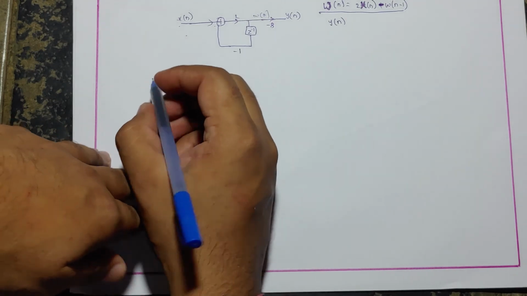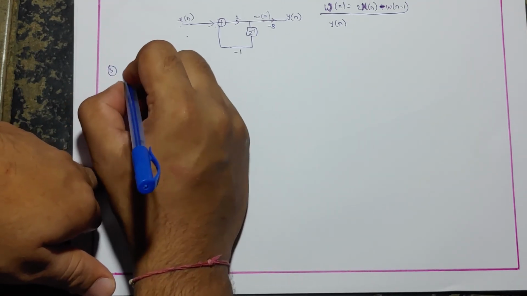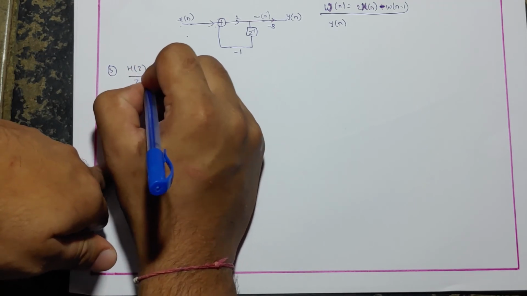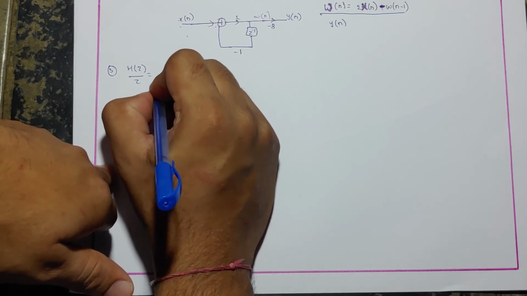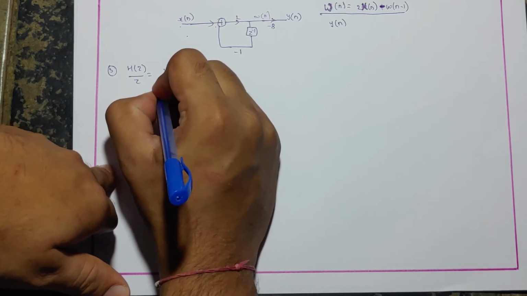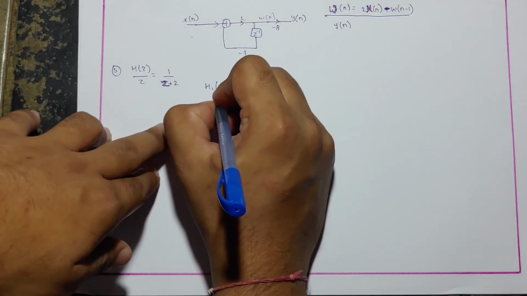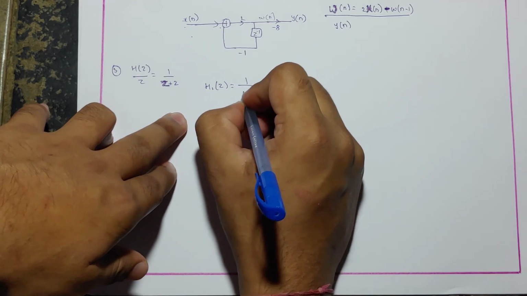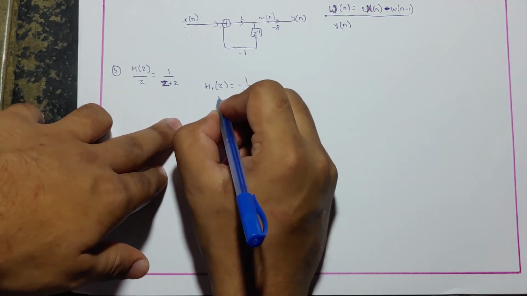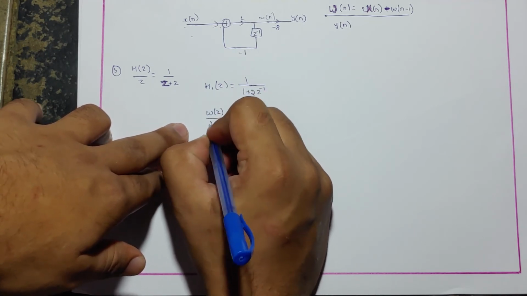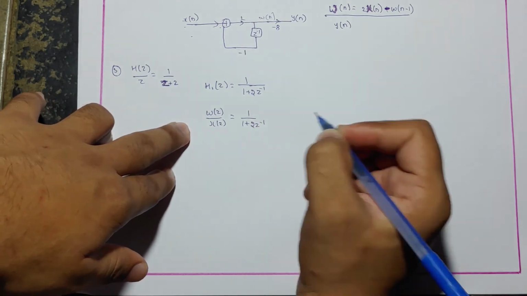Now let us solve for the third set of equation, that is H(z)/z is equal to 1/(z+2). As this is only one term, we can solve it by H1(z) is equal to 1/(1+2z^-1), which is equal to W(z)/X(z), is equal to 1/(1+2z^-1).